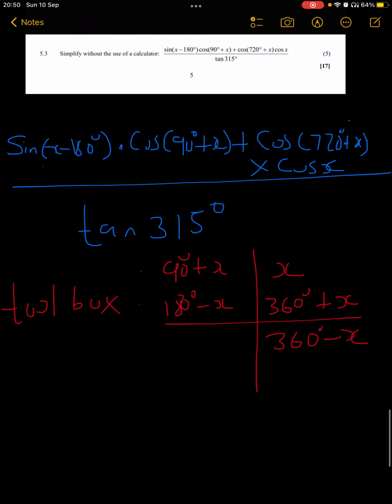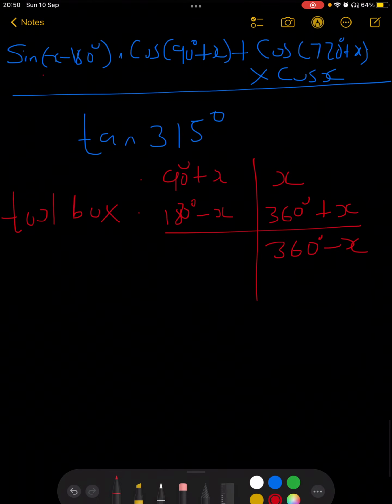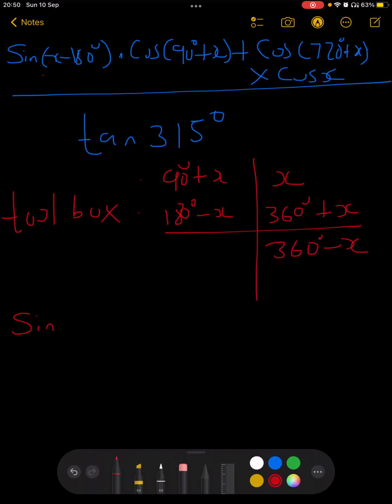For example, I have sine of x minus 180, and we know that we used angle then variable, so rearrange that into sine of minus 180 plus x.